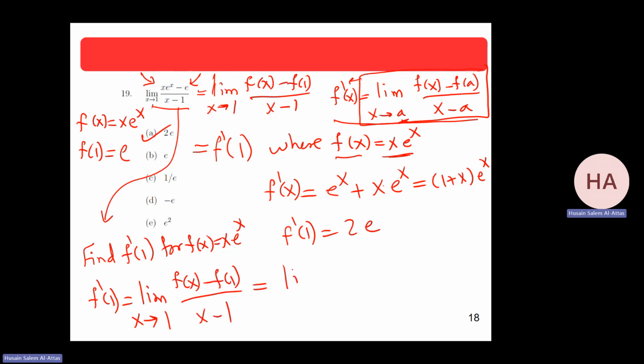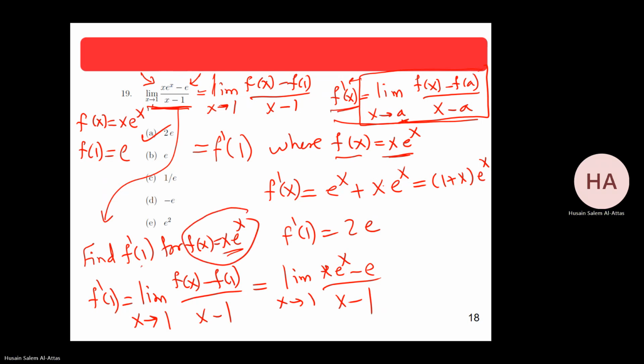And what is f of x? x e to the power x, the same function. What is f of 1? It is e. In other words, this limit is finding the derivative of this function at 1.